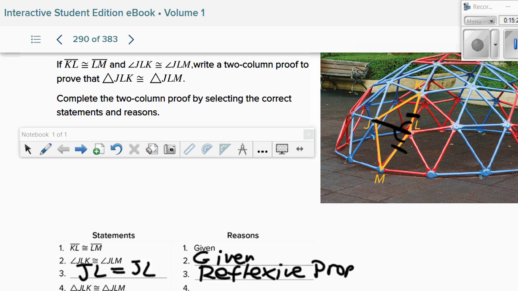Now the last step. Why are JLK and JLM congruent? Well, I've got a side, an angle, and another side congruent to a corresponding side, corresponding angle, reflexive side. I've got side, angle, side.